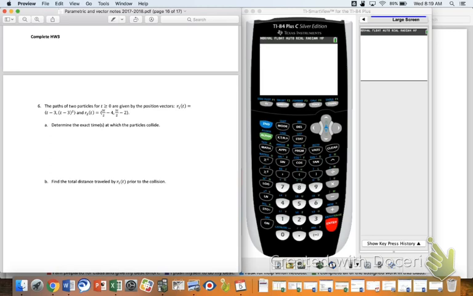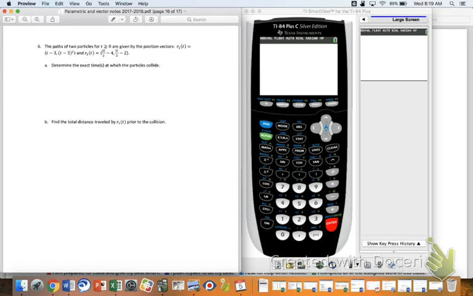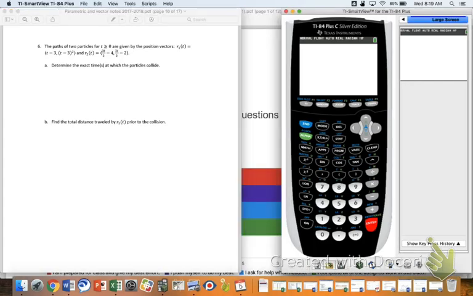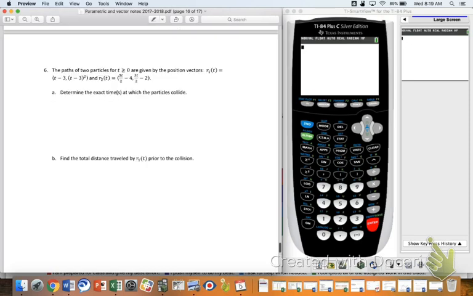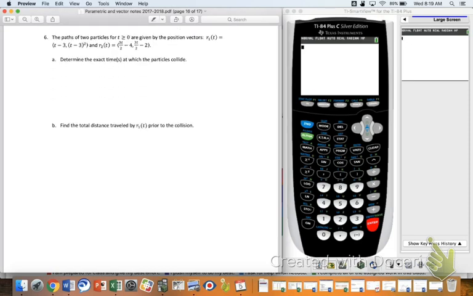So for our example here, number 6, there we go. Number 6 gives us 2 particles. It says there is particle number 1 and particle number 2, and we get these position vectors. I thought maybe we'd start off by graphing these and just seeing what they look like.